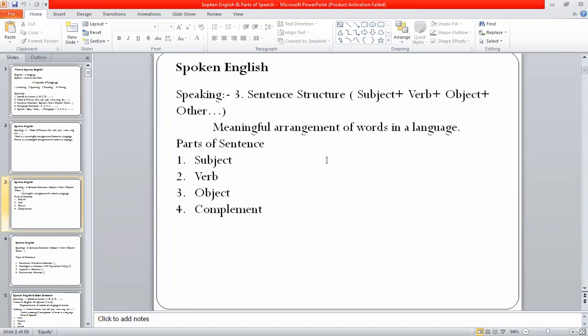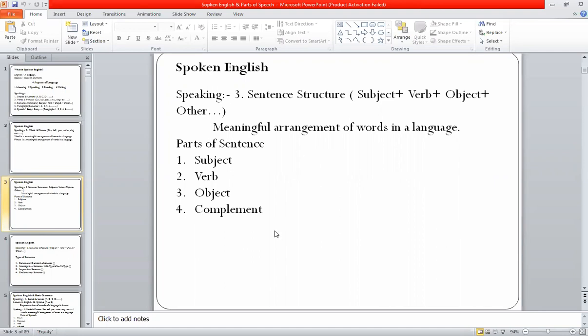In any type of sentence it may be provided with the complement or it may not be provided with the complement. So the complement is not a necessary part of a sentence, but subject plus verb plus object, these three are the important parts to form any type of sentence.